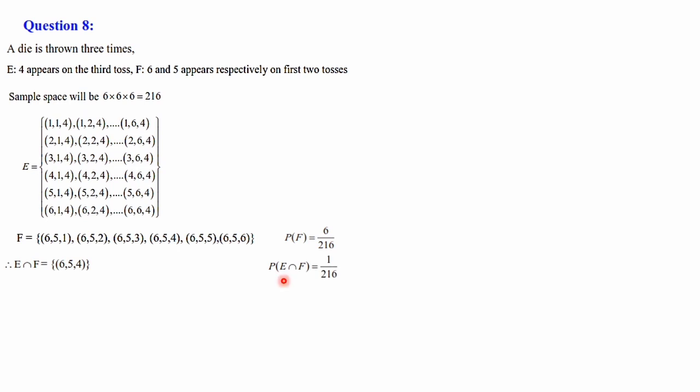Then P of E intersection F is 1 divided by 216, as there is only one element. P of E given F is equal to P of E intersection F by P of F. Substitute it, 1 by 216 by 6 by 216. When you cancel 216 and 216, we will get the answer as 1 by 6. So the required probability is 1 by 6.